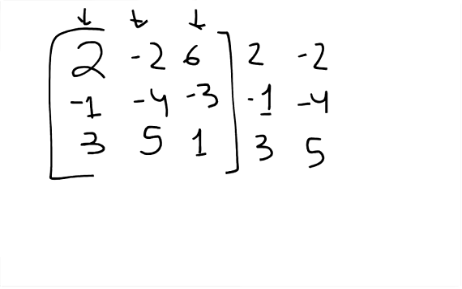Now we multiply our numbers once again, starting from the upper left-hand side, and then subtracting the multiplication that starts on the upper right-hand side.